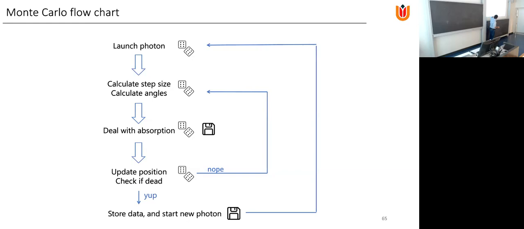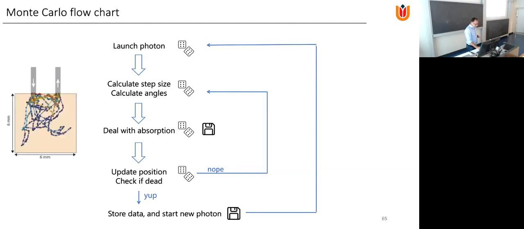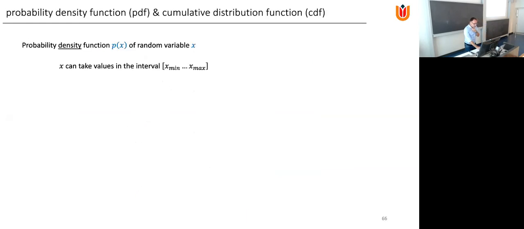And if that's the case, then I store the data, I start a new photon, a new trajectory, and I repeat that. So this is more or less the global picture. That would then generate all these paths given here by all these different colors, each loop generating such a path.